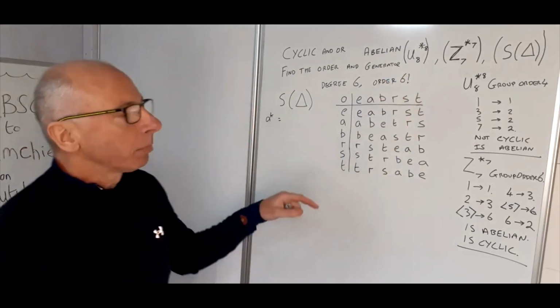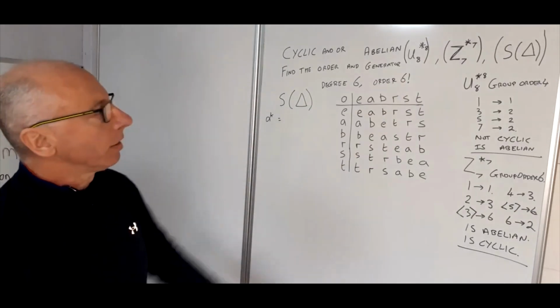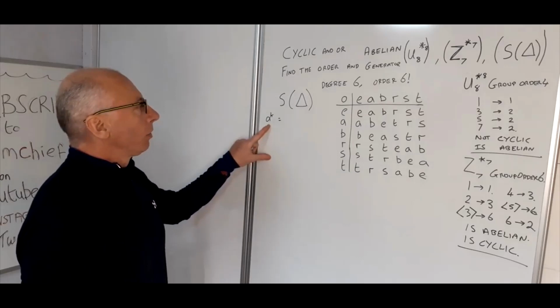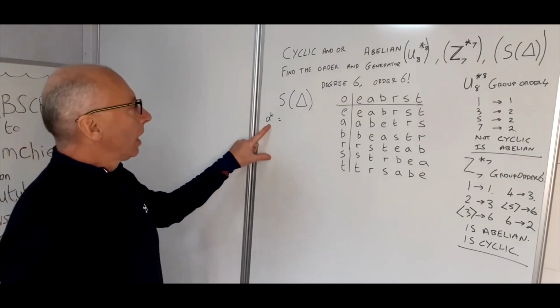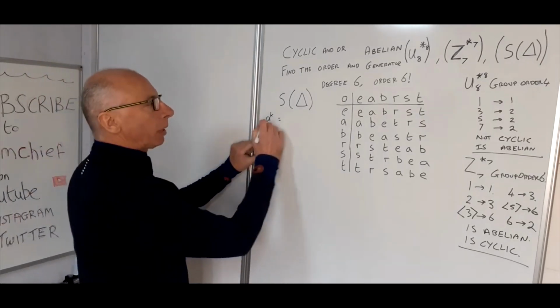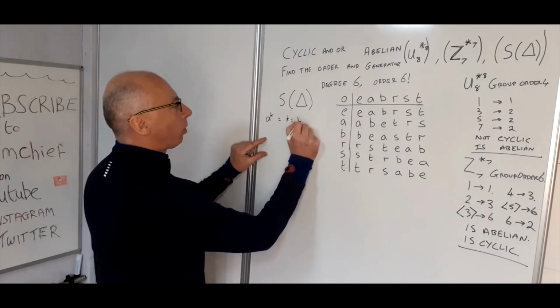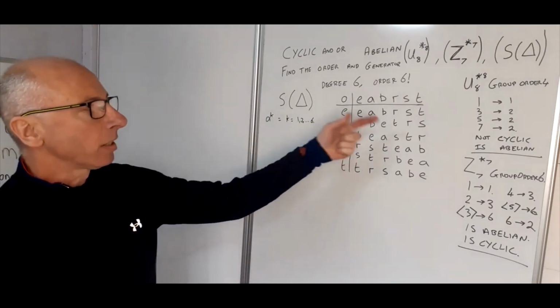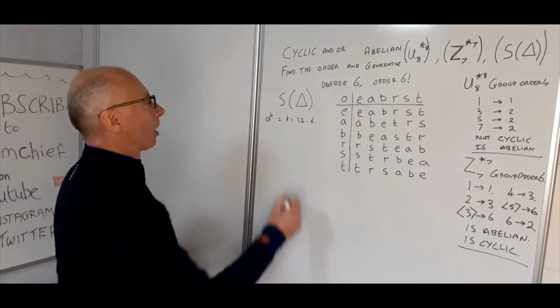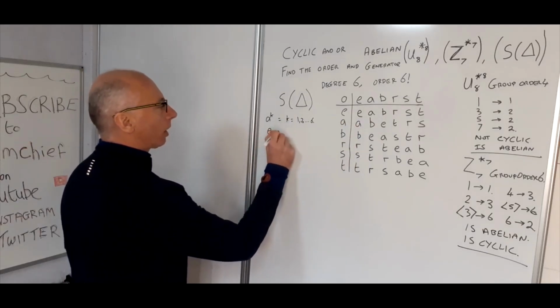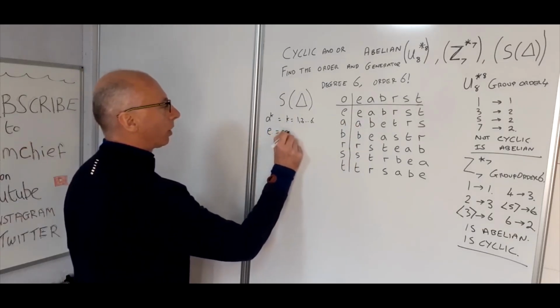Now if you check in the link below, again I will go through how we get to this. So first of all, to see the order of each element, we pick each element A, raise it to the power of K, from K equals 1, 2, all the way up to 6, and see if we can generate the whole group. So picking E will always be of order 1, so that's order 1.